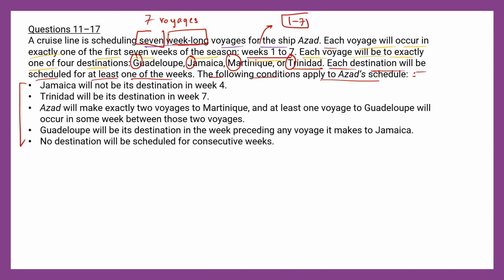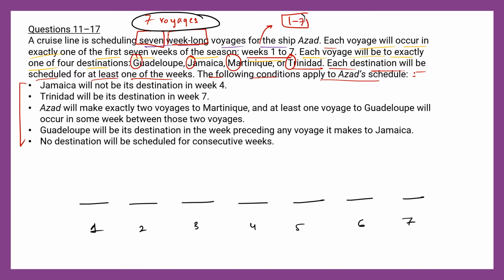So what that means is that, let us say these are our weeks, 1, 2, 3, 4, 5, 6, and 7. If you have 7 voyages in 7 weeks, it means that none of these is empty. So you can't say that, hey, nothing's happening on 2. Definitely you're going to have something in each one of these, okay?